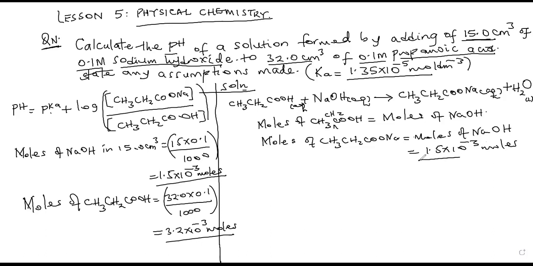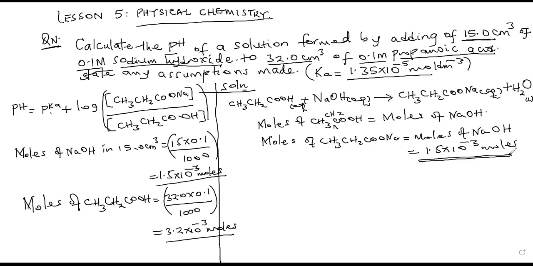Looking at the reaction ratio, moles of propanoic acid are equal to sodium propanoate, which are equal to sodium hydroxide. So implying that moles of sodium propanoate are 1.5 exponent negative 3.